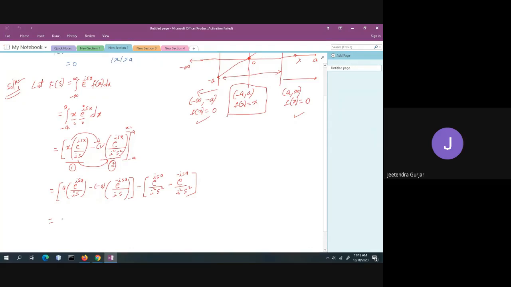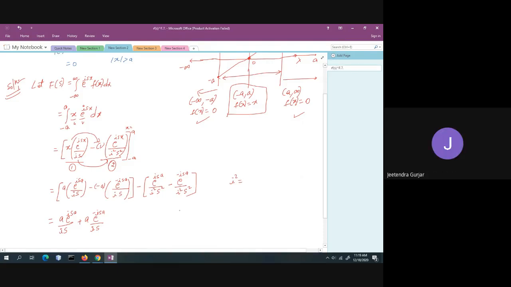So I will just take this a into e raised to i s a divided by i s. Now minus into minus will become plus a e raised to minus i s a divided by i into s. This minus remains as it is, but please remember here, you know the value. What is i square? Yes, students, please tell me what is i square?